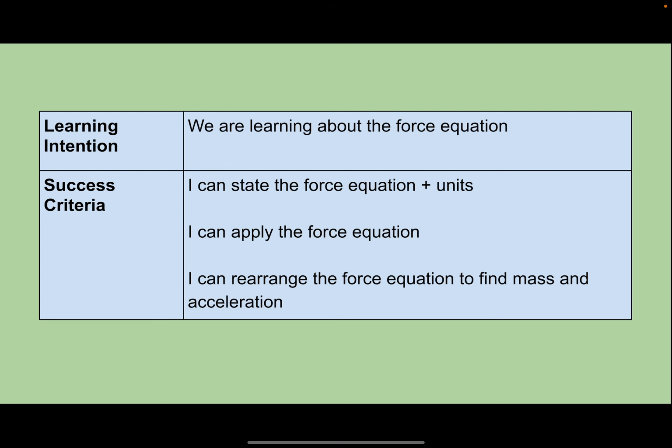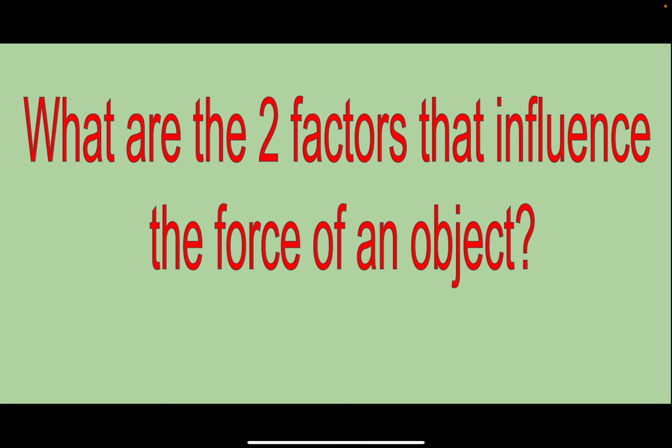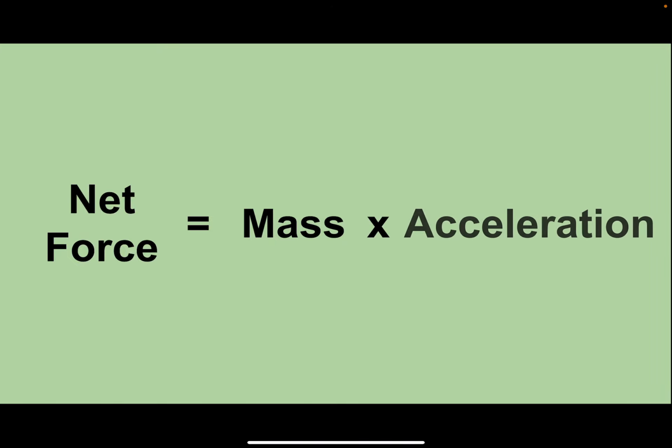So the lesson is about the force equation, and the idea behind this is that there are two things that influence how much force an object has. The force that an object has is equal to how much mass it has multiplied by what acceleration it has.